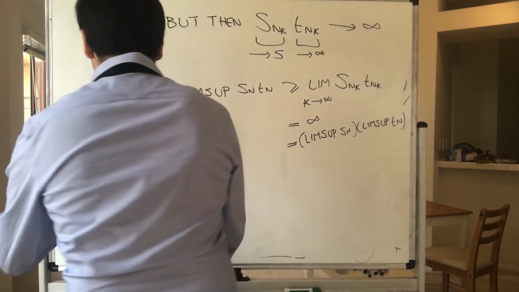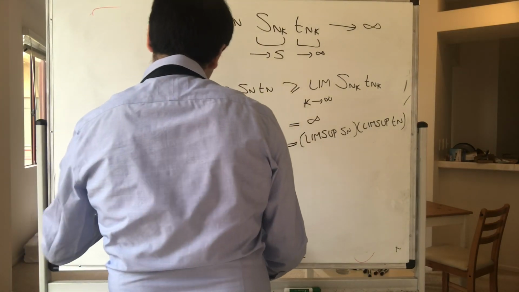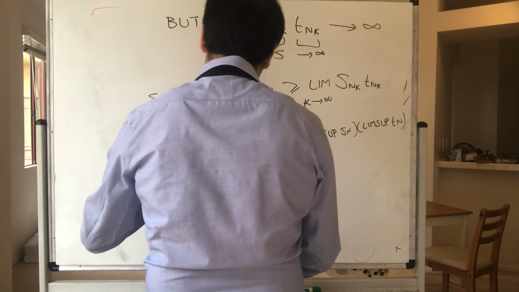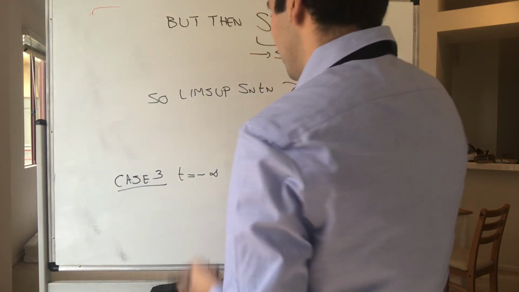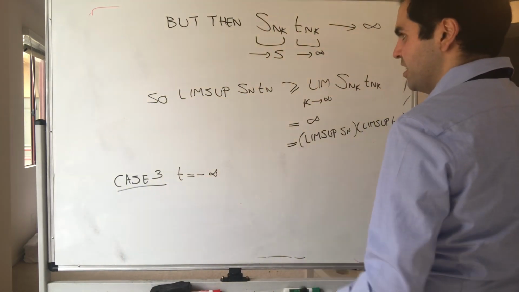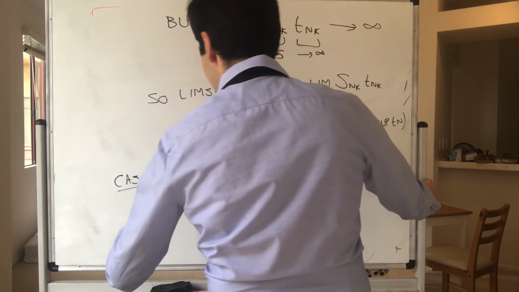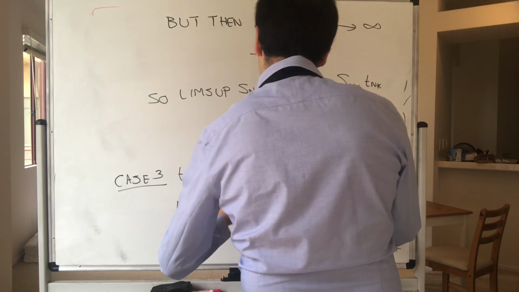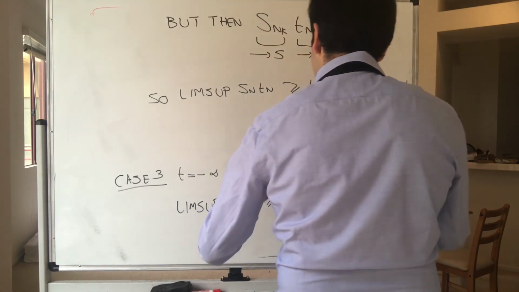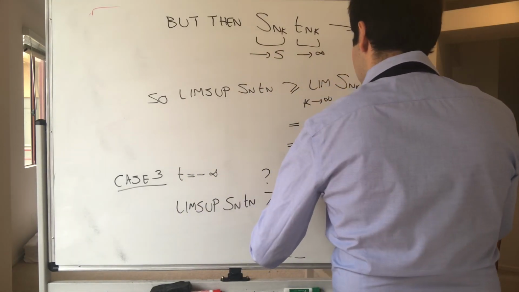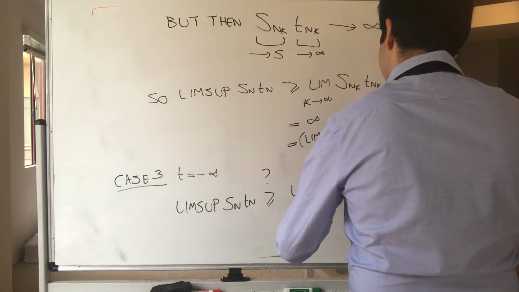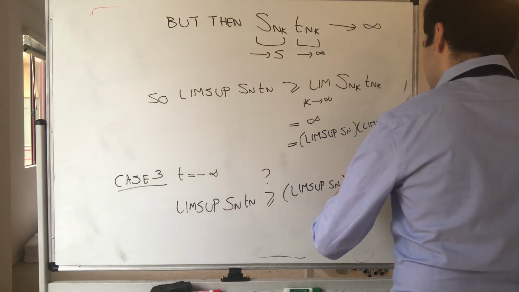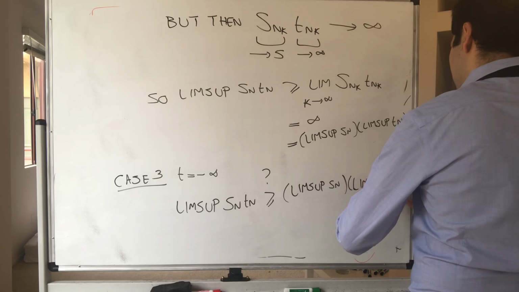Lastly, in the case t equals minus infinity, this is even easier because we just want to prove an inequality here. Because look, what this is saying is that is Limsup of Sn times Tn greater or equal to the Limsup of Sn times the Limsup of Tn?